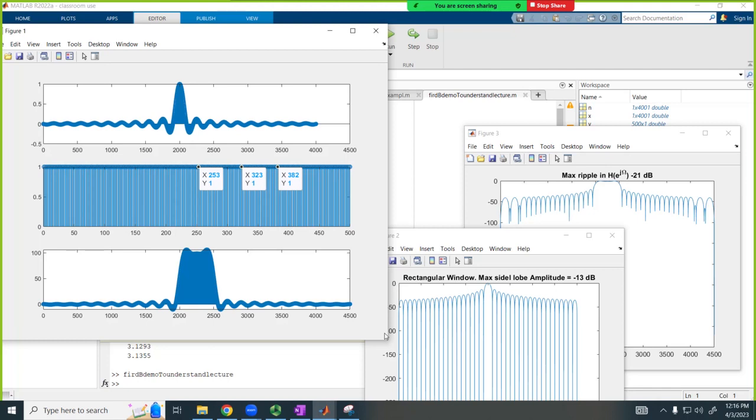And be careful. This is what happens when we convolve a sinc with a rectangular window. Even though this is in the time domain, we really want to see this as if it was in the frequency domain. Does that make sense?